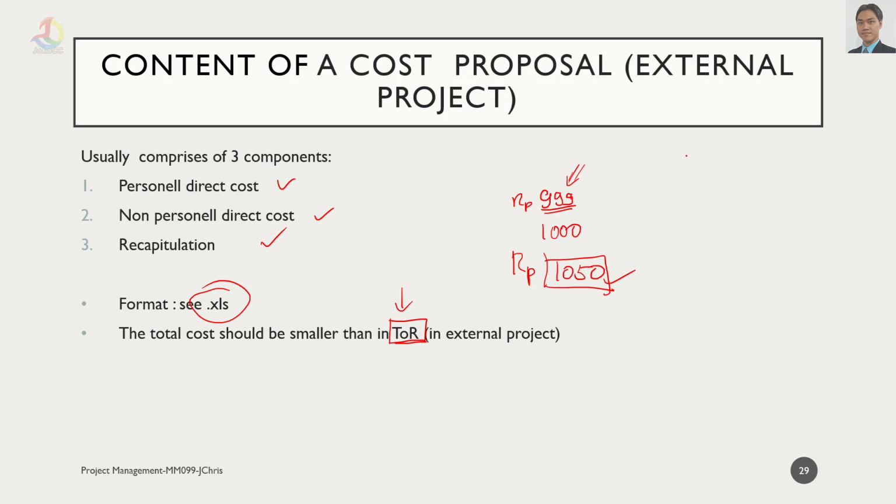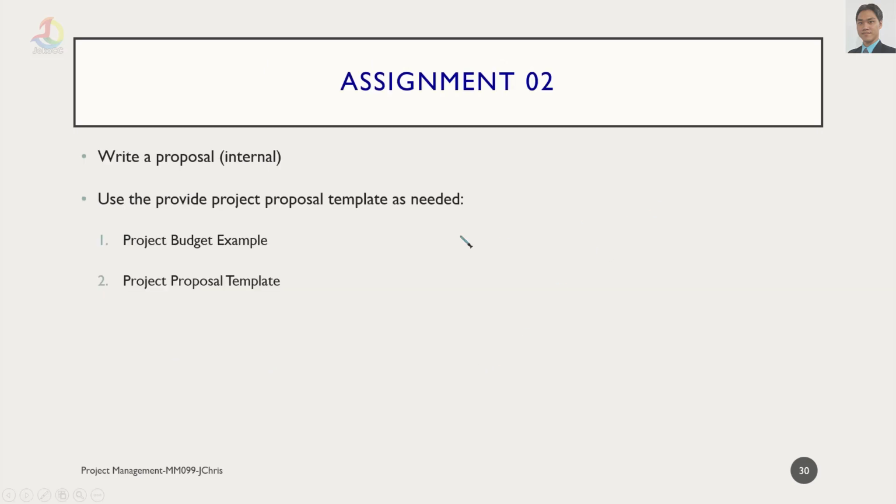You get more technology, or you get the project finished faster or something. You can try that, but usually, like I say, usually we need to put the cost smaller than the terms of reference. Okay, so this is the second assignment.